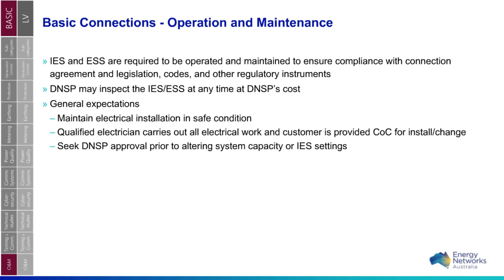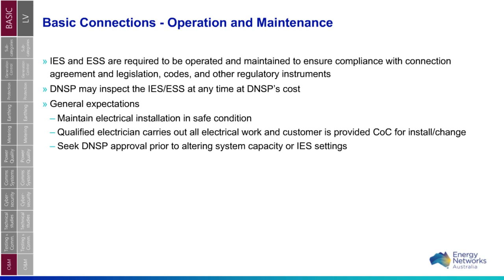And operation and maintenance. What we've required through the guidelines is to ensure that the IES and ESS are operated and maintained to ensure compliance with the connection agreement that they have with the DNSP, as well as legislation, codes and other regulatory instruments. Something that DNSPs will be able to do is inspect the IES and ESS at any time at their own cost.